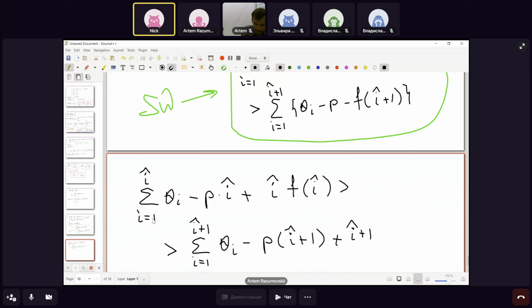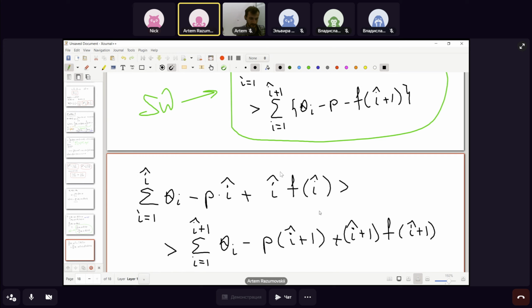And can we easily do this for the function of I hat? Can we just open the sum this way? It has a dependency on I. So I goes from the first one to I hat, and I hat is a fixed number, right? It's the last agent who joined. So the index I changes from the first one to the last one who joined, which is I hat.